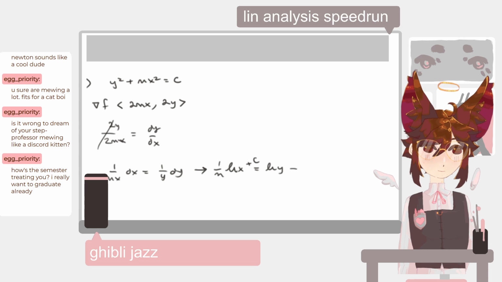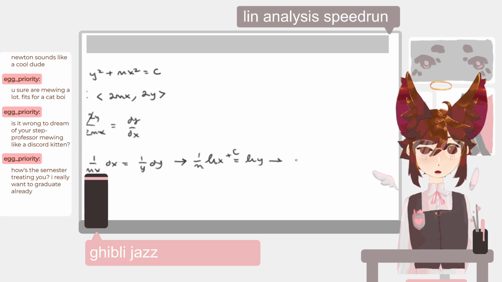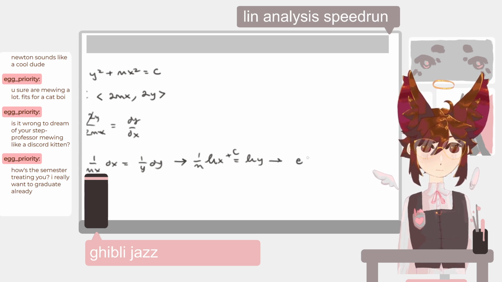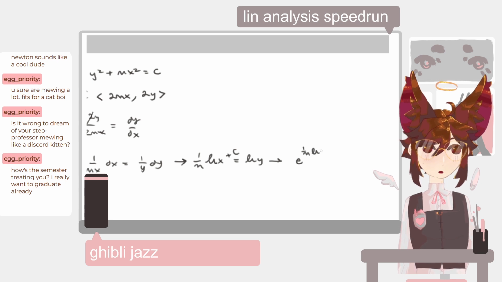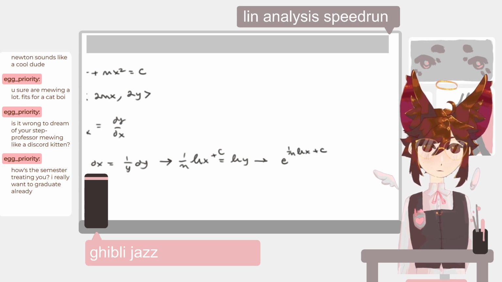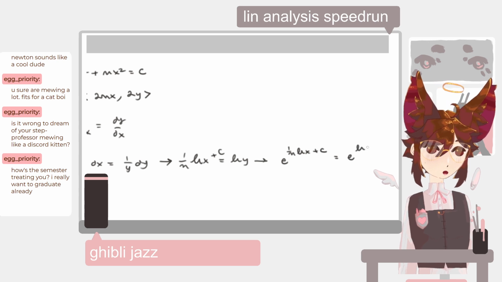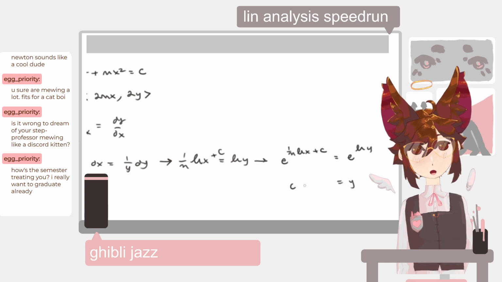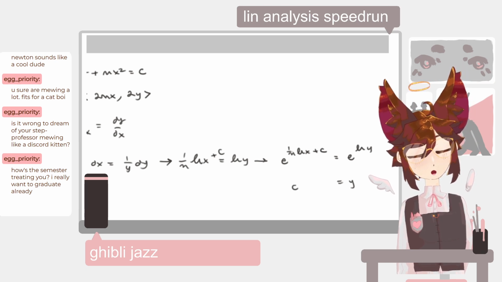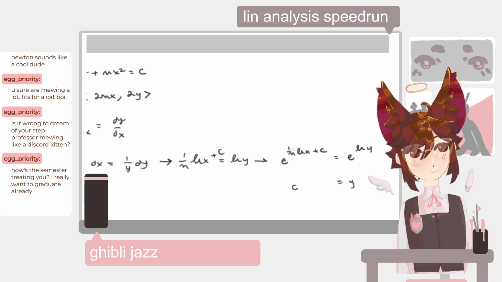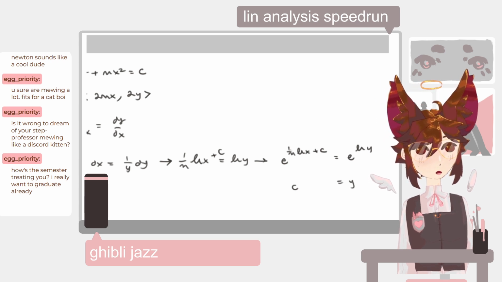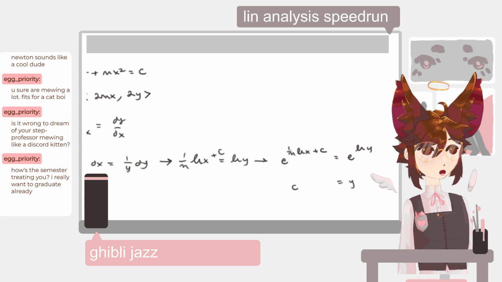This is kind of scuffed, but it's fine. e to the 1 over m ln of x plus c equals e to the ln of y, so that's going to equal y on the side. This is going to be c. Now the 1 over m, I think, is going to manifest in x to the negative m.